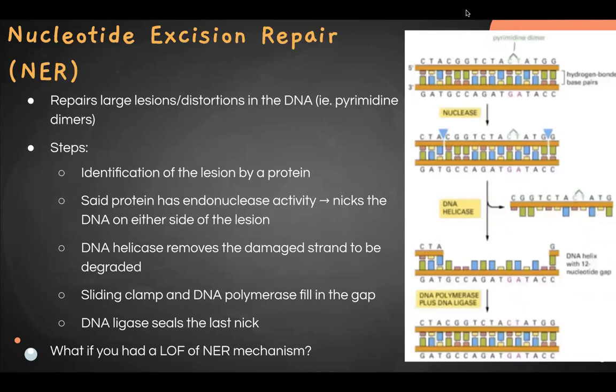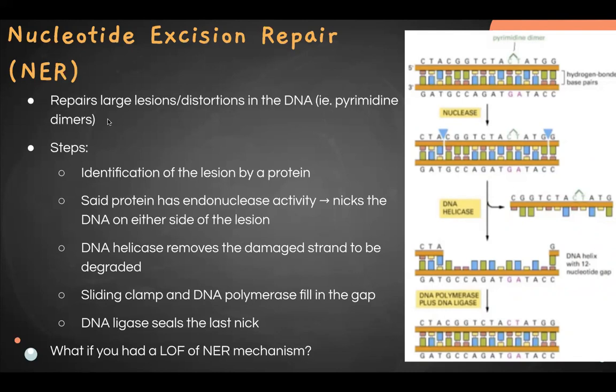And here's just a graphic of how this is working. And so the next one that we'll talk about is nucleotide excision repair. This is used to repair large lesions or distortions in the DNA, like the pyrimidine dimers we just talked about, which was the covalent bond between two T's, and it could be any two nucleotides, but it occurs most often between two T's.